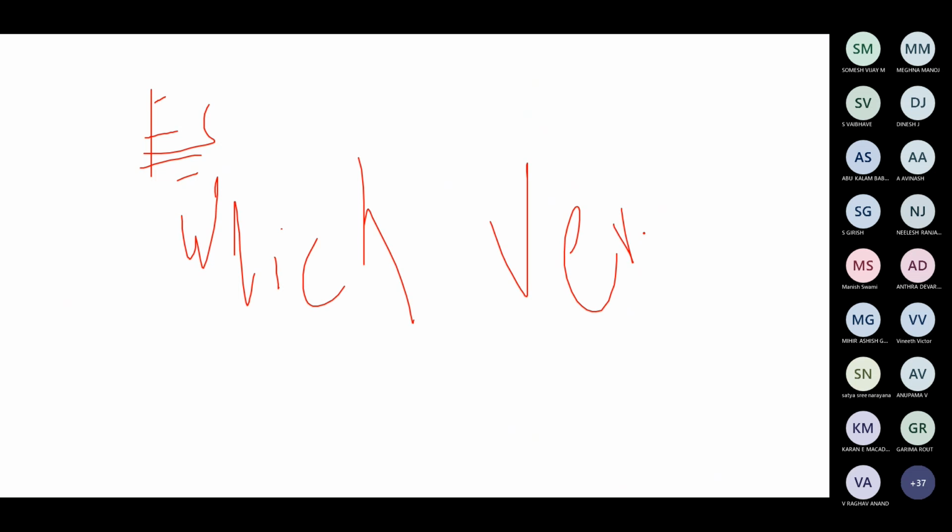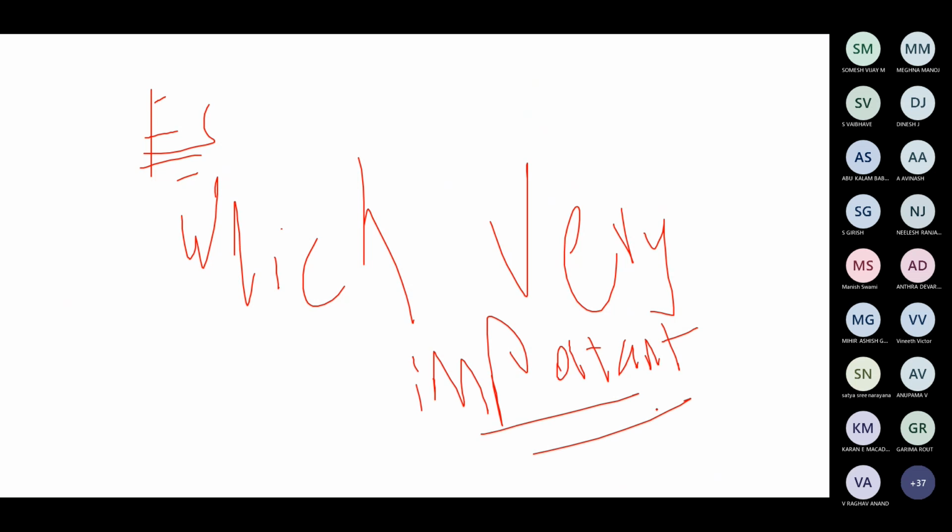What is feature selection? We select those features from our data set which are very important, and we leave out those features which are least important.